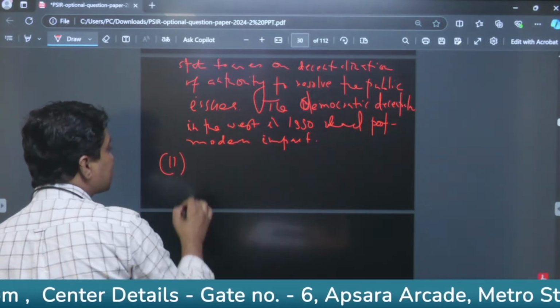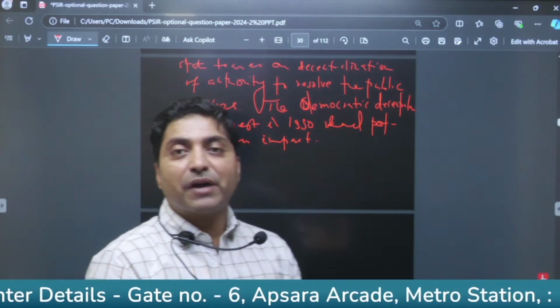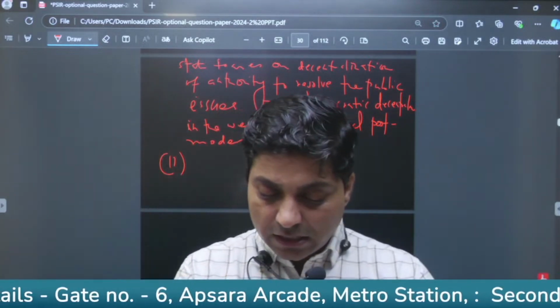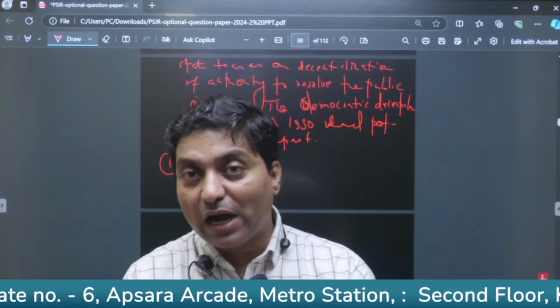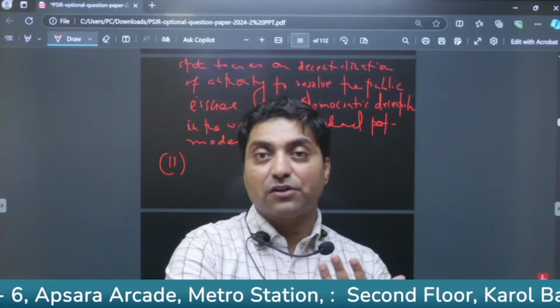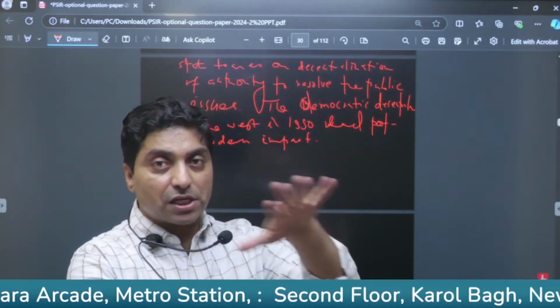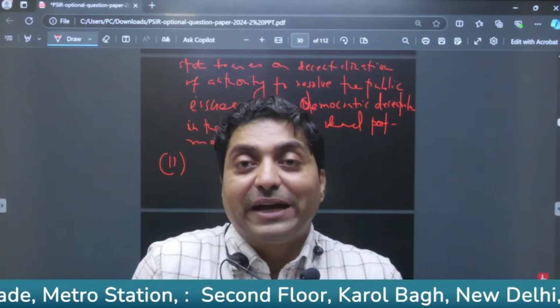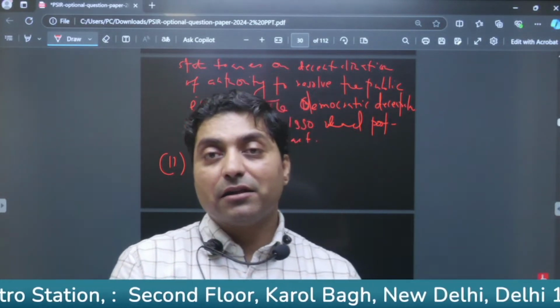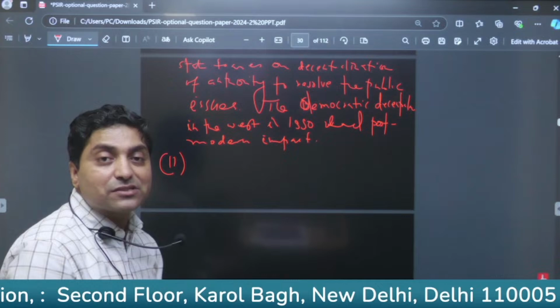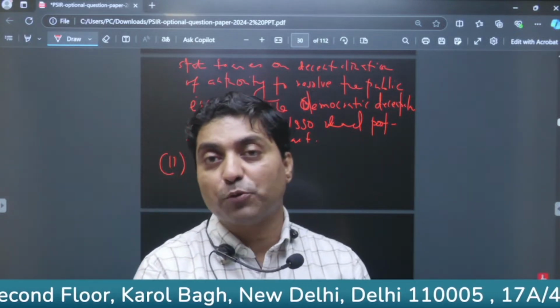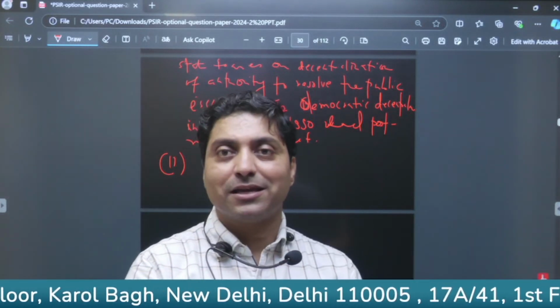Now second is delegitimization of violence. If you look at modern states, they are very violent: World War I, World War II, the Russia-Ukraine war, fought by states. And the modern state recognizes violence as an appropriate means.